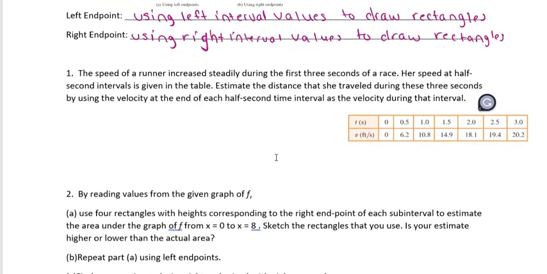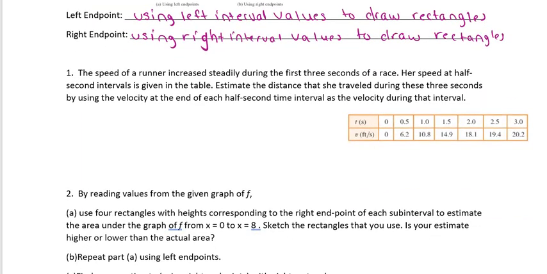So let's give this a try. Number 1. The speed of a runner increased steadily during the first 3 seconds of a race. Her speed at half-second intervals is given in the table. Estimate the distance that she traveled during these 3 seconds by using the velocity at the end of each half-second time interval as the velocity during that interval.